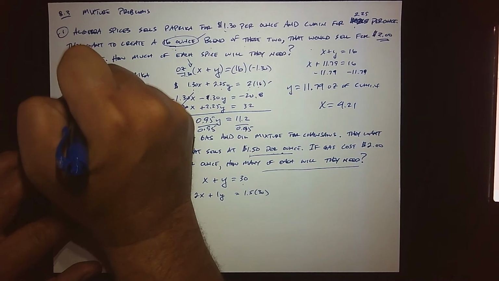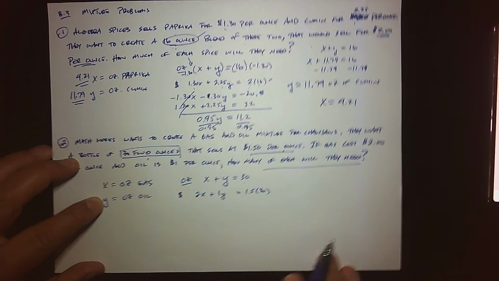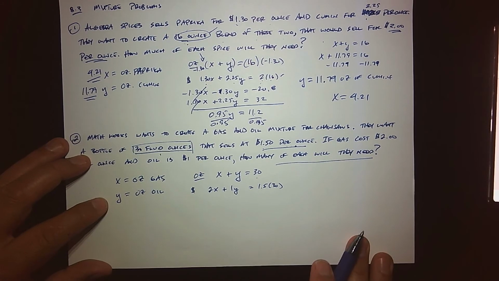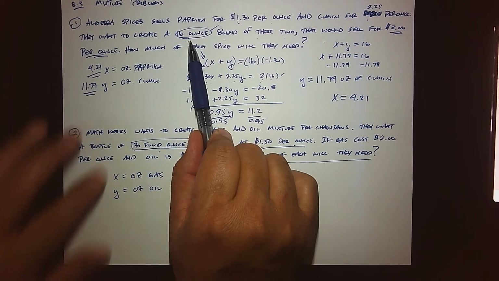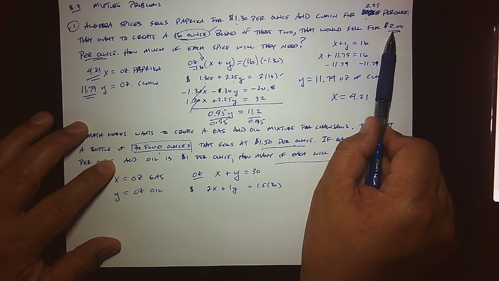Okay, so 4.21. So for that algebra spice blend, they're going to need 4.21 ounces of paprika and 11.79 ounces of cumin in order to create the 16 ounces that they want at a $2 cost per ounce.